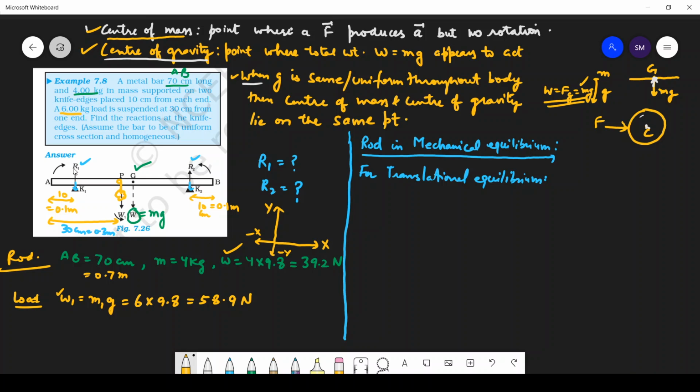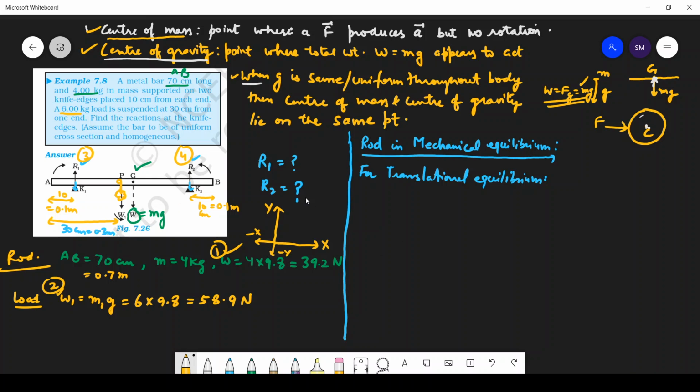Okay, so this is what we are going to take. So tell me, how many forces do we have here? First, weight of the rod downward. Second, weight of the load, that is downward. So two forces downwards and reaction. So this is the third force, R1 upward. This is the fourth force, R2 upward.